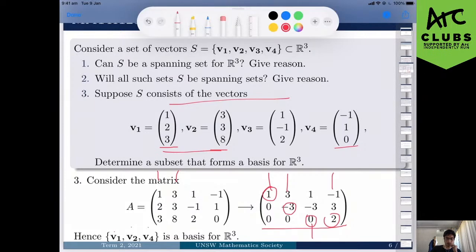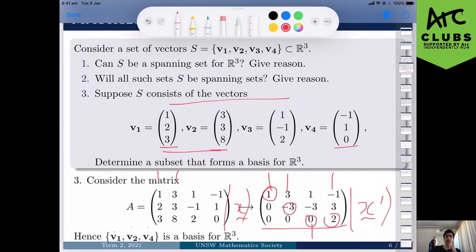Another way of justifying why this is a basis is if we augmented this to be set to some other vector, let's just say x dash.